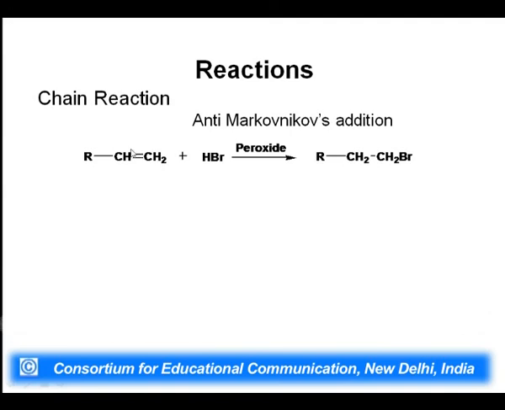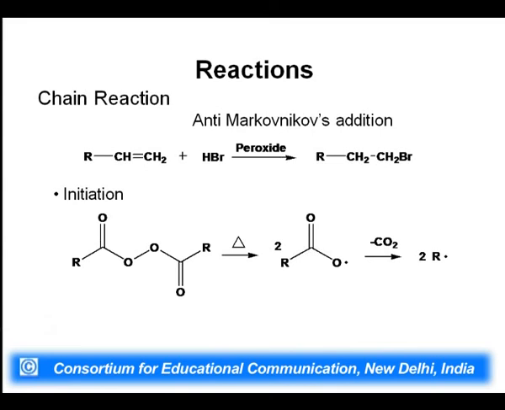First of all, H plus adds, and there is a positive charge on the second carbon, making it a secondary carbocation. Here, when we use peroxide, the chain reaction is the same as we have done: the R radical is generated, benzoyl peroxide is heated to give the RCO radical, and then we get the R radical.